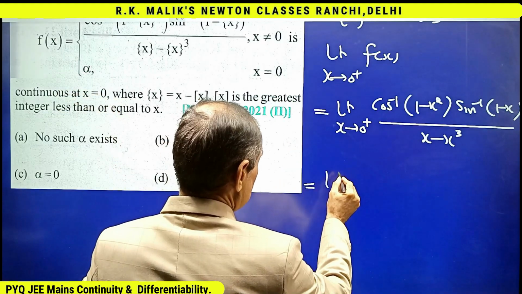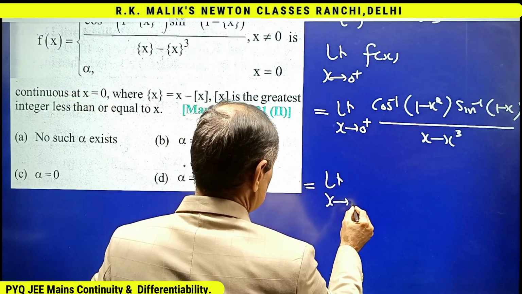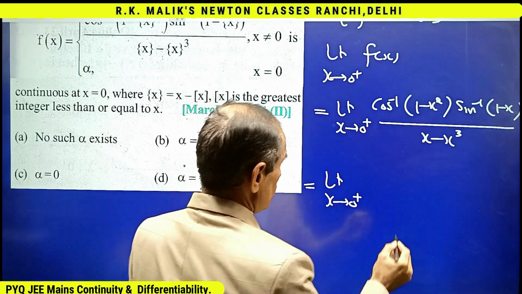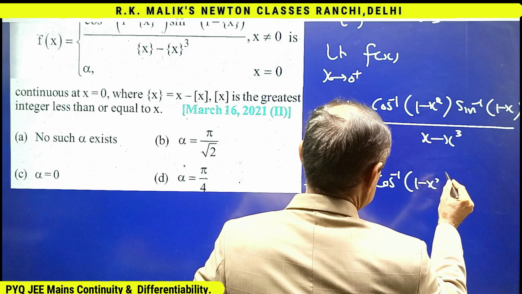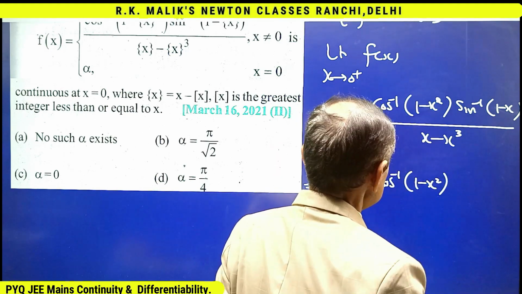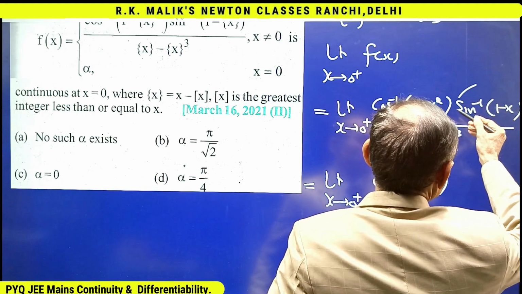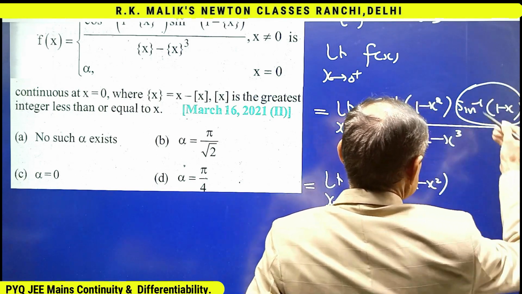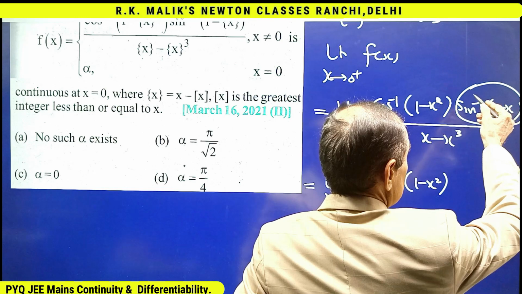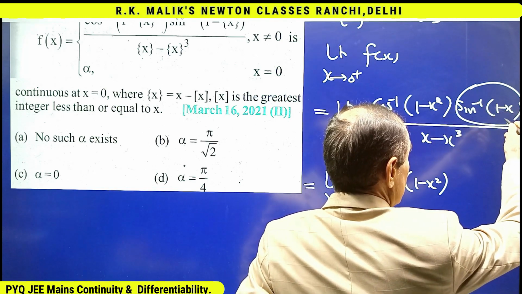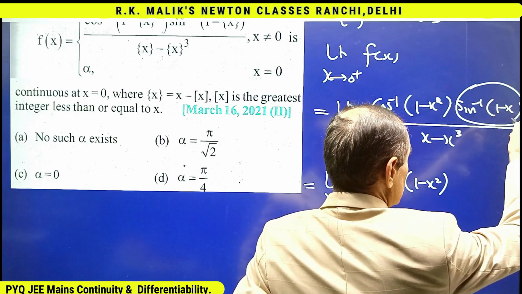This is further equal to limit x tends to 0 plus cos inverse of 1 minus x square, and note that limit of this part is pi by 2, because when x tends to 0 it becomes sin inverse 1, and sin inverse 1 is pi by 2.